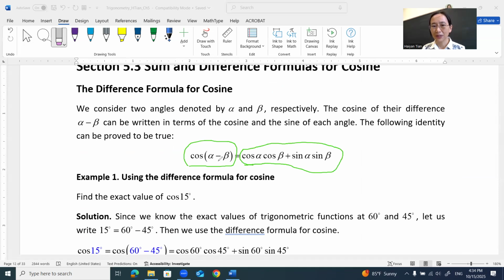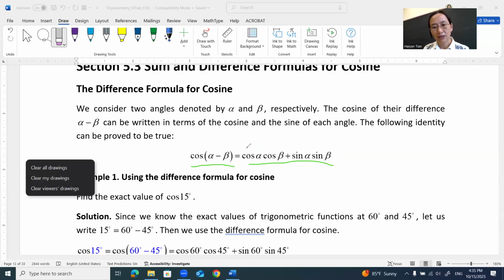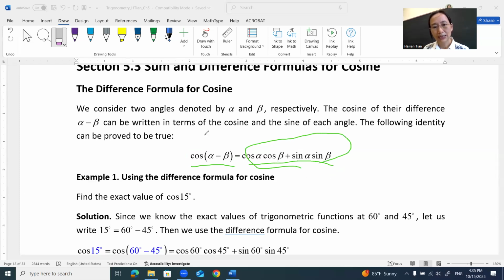For the 15-degree angle, for example, because 15 is not special, we use cosine 45, cosine 30, sine 45, sine 30. We can get the exact value of 15. So that application we used from the left to the right, using the right side to get the exact value.